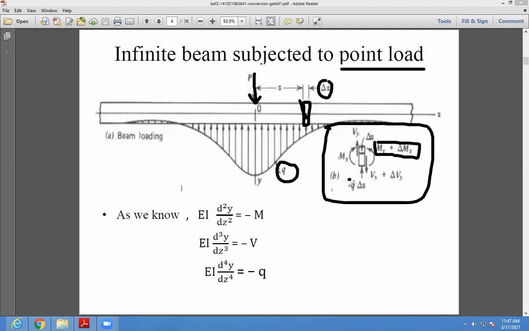The reaction acts on the upward side, Q into delta Z, with shear force Vy plus delta Vy for the small segment. Vy is the shear force acting on the surface of that segment.